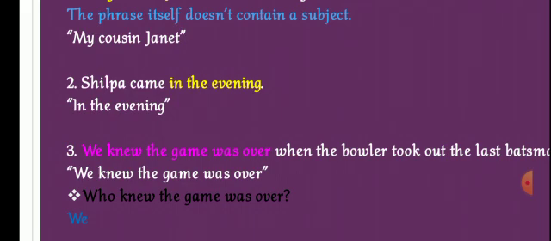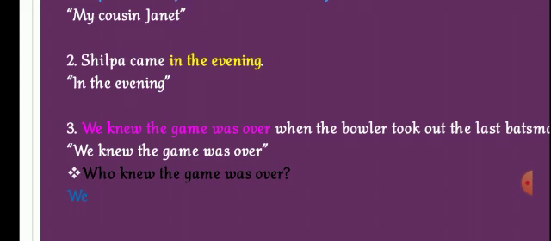Similarly, the second one, in the evening. See the yellow highlighted words, in the evening. Again, it's a phrase because there is no subject in it. Similarly, see the third one. I have highlighted some words in pink color: we knew the game was over. Take that part of the sentence and check whether it's a phrase or not.